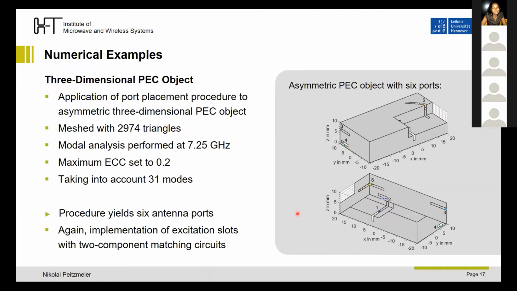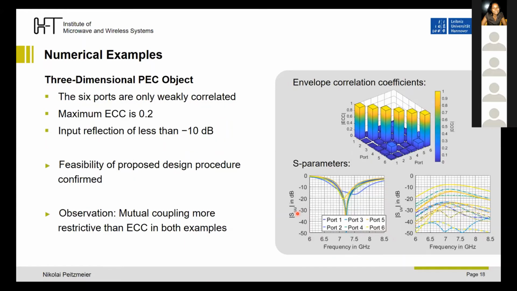Again, let's analyze the port correlation, and we see indeed our 6 ports are only weakly correlated, fulfilling our maximum ECC criterion. And again, we can achieve impedance matching simultaneously for all 6 antenna ports. So again, this is a practically feasible example.